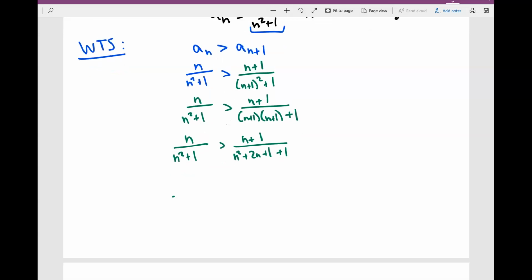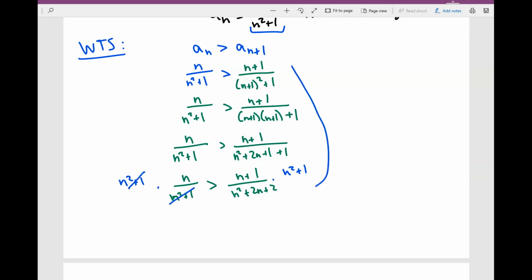So n over n squared plus 1 is greater than n plus 1 over n squared plus 2n plus 2. I'm going to multiply both sides by n squared plus 1, so this guy goes away and I'm left with n is greater than n plus 1 times n squared plus 1, over n squared plus 2n plus 2.